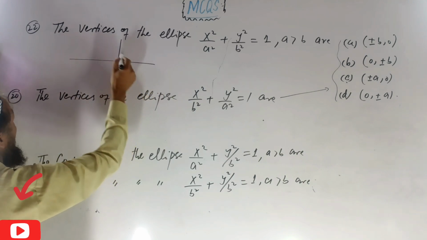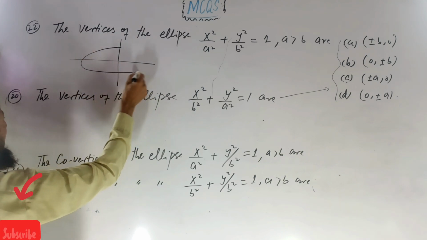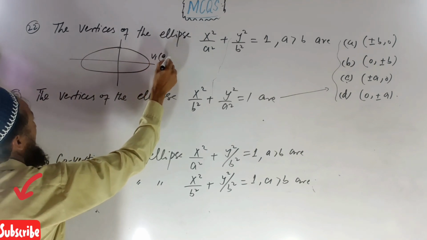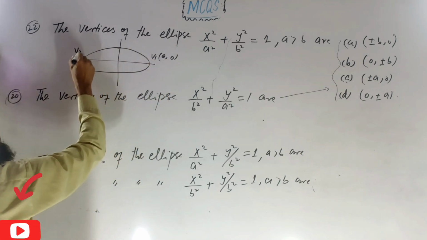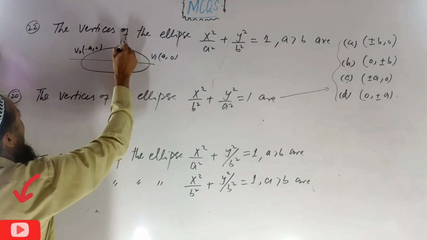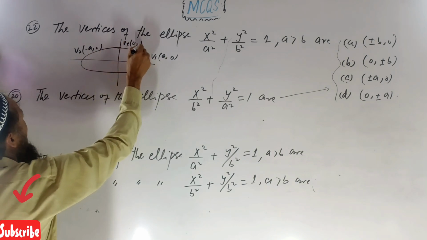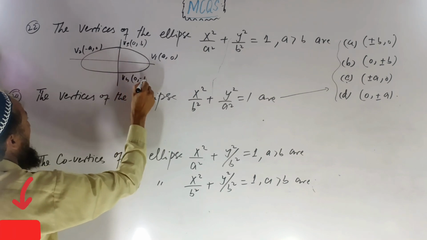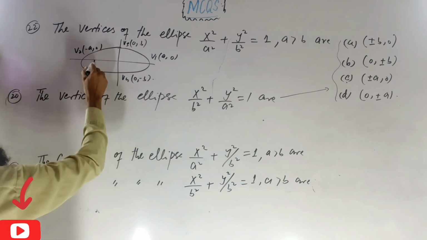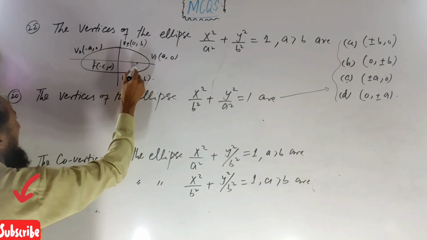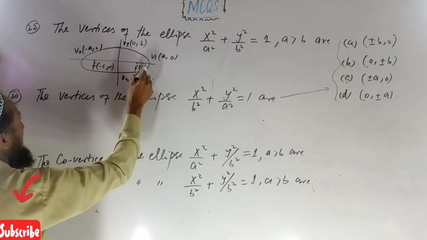Look here, we draw the ellipse with vertices B1 (A, 0) and B2 (minus A, 0), and the points B3 (0, B) and B4 (0, minus B). These are the foci (minus C, 0) and (C, 0).